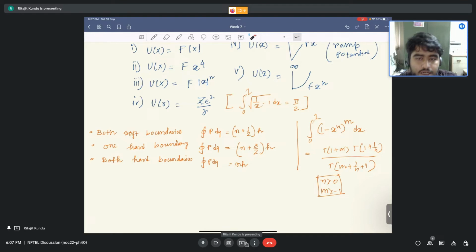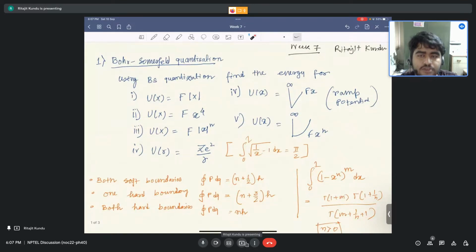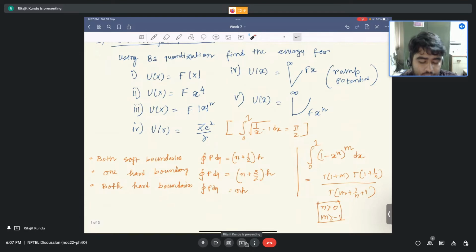But the WKB approximation modified it a little bit and added a few corrections on top of that result. Initially it was called Bohr quantization. Now Bohr-Sommerfeld quantization is a better version of that, which takes into account the ground state energy, the zero-point energy and all those things.